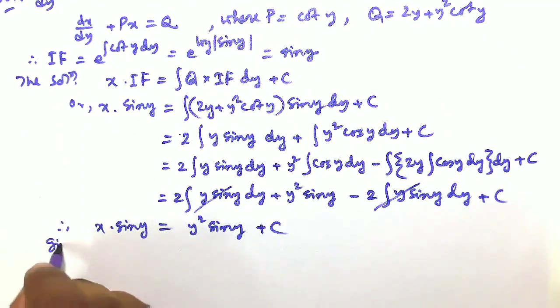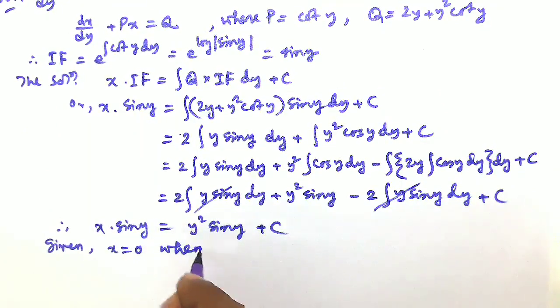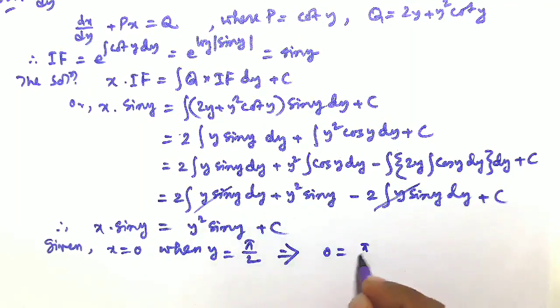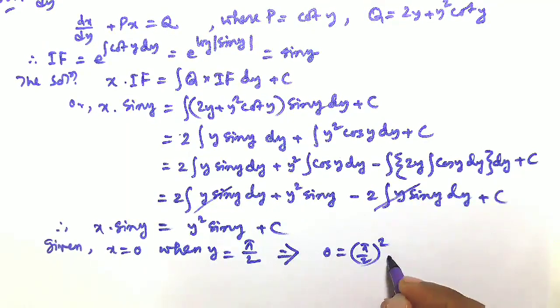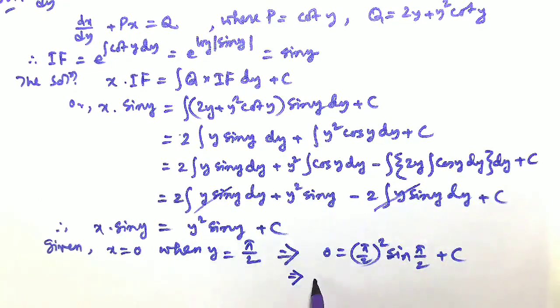So friends, again I write, given x is equal to 0 when y is equal to pi upon 2. So from here we are getting 0 is equal to pi upon 2 whole square sine of pi upon 2 plus c, isn't it? And here c is only minus pi square upon 4.